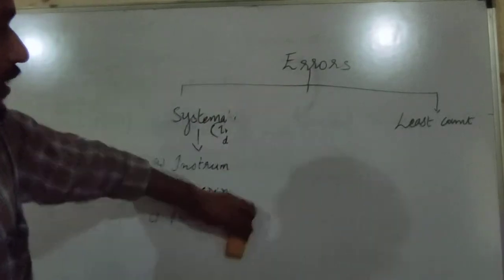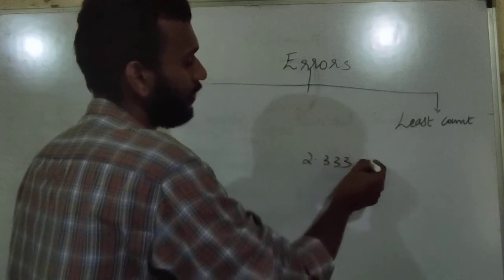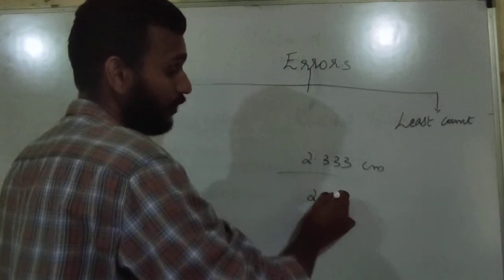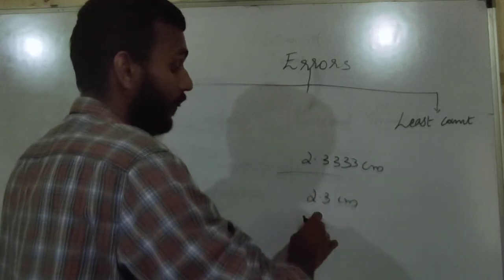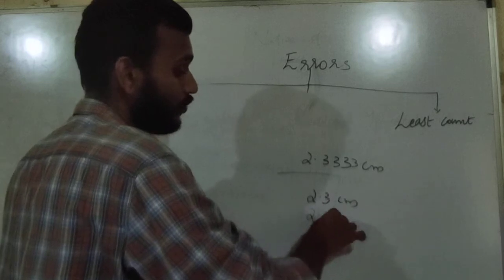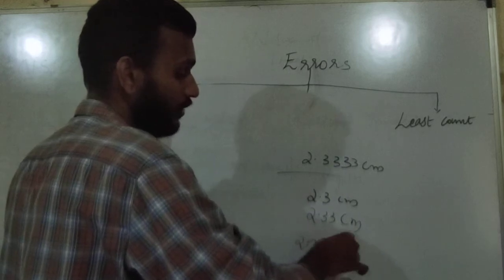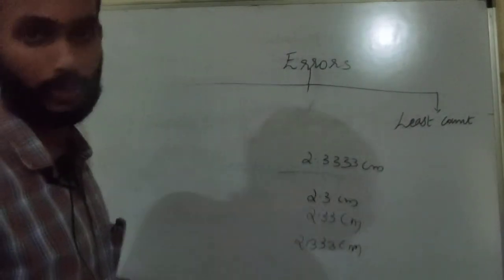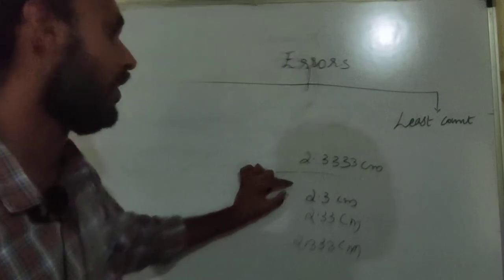We have already discussed that if a body has a true value of 2.333 centimeters, and you measure it with a centimeter scale of least count 0.1 centimeter, you will get only 2.3 centimeters.